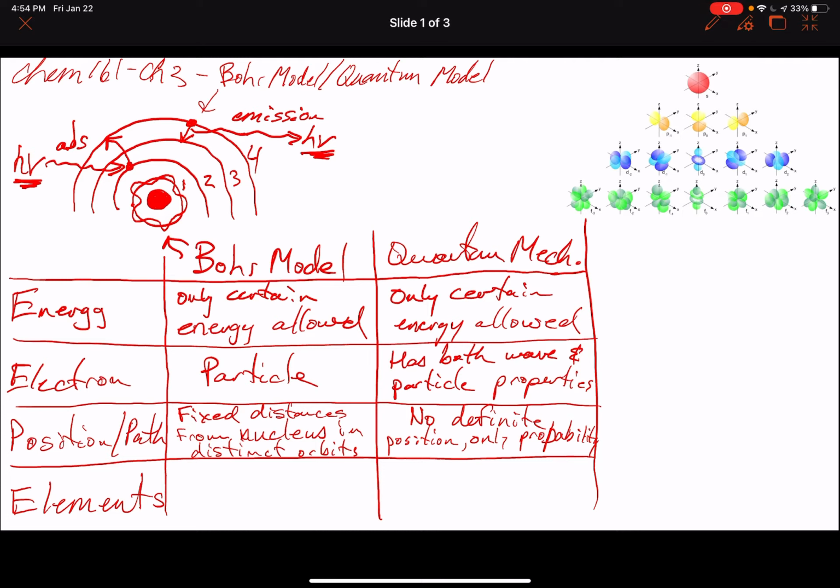So we're respecting the Heisenberg uncertainty principle in the quantum mechanical model for position and pathway information of this electron.